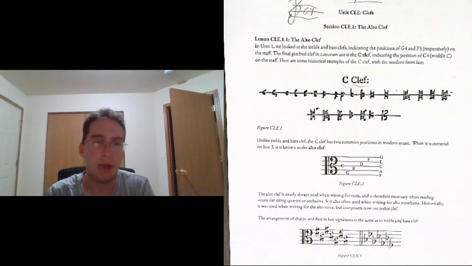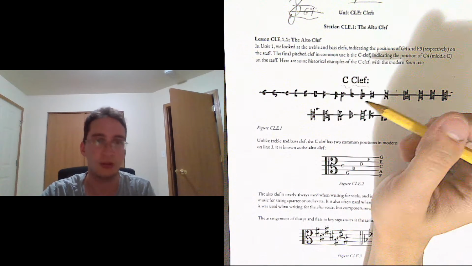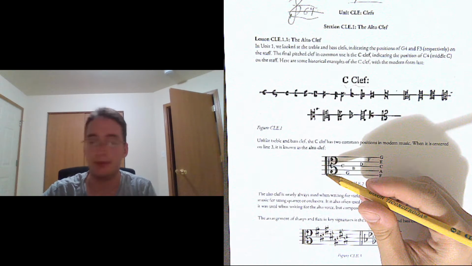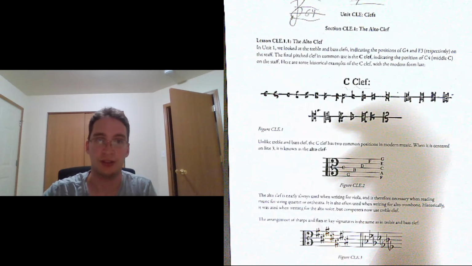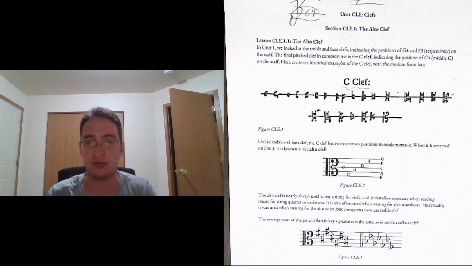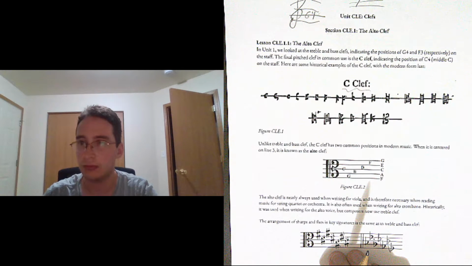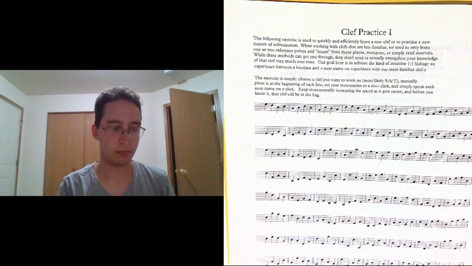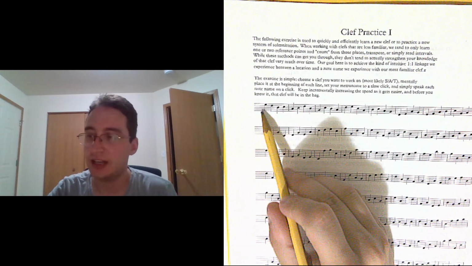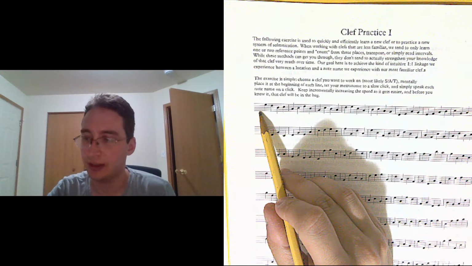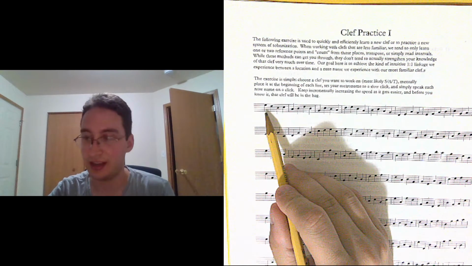And I will provide on Canvas a good exercise for this, where you just have a series of quarter notes, and you mentally put this clef at the beginning, and you just say the letter names with a metronome. So, for instance, I have my metronome now set to 60, and I'm looking here, I mentally imagine an alto clef here, and every click, I have to say a letter name.